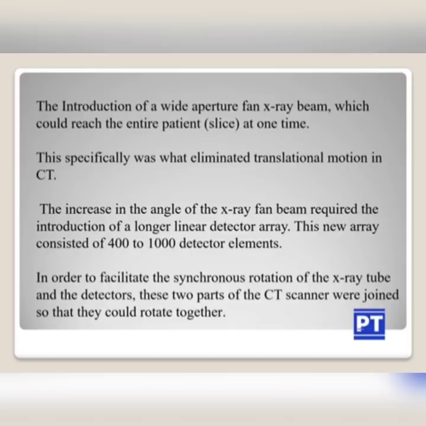When the X-ray tube comes down, the detector will be moving up, and when the detector comes down, the X-ray tube will be moving up. So in each rotation, a slice will be acquired.